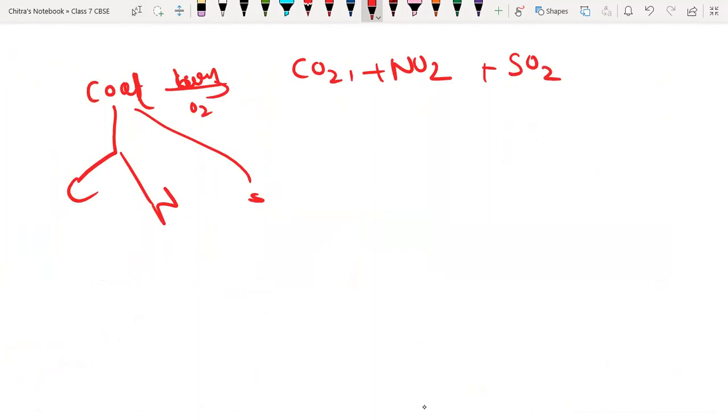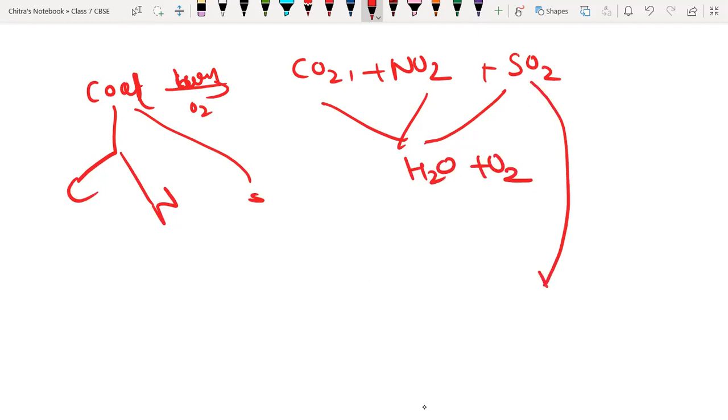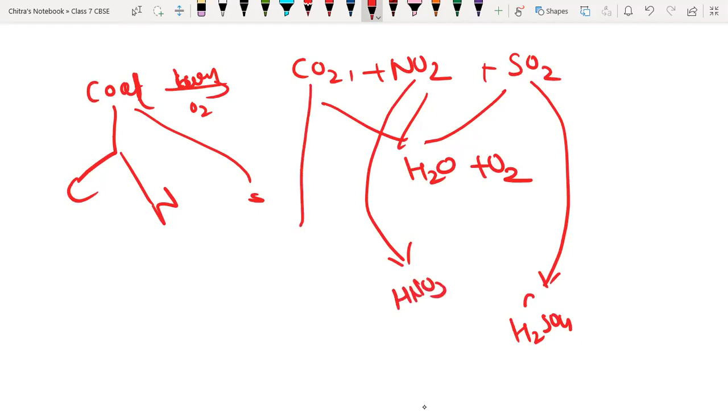All these three react with water and oxygen of the surroundings, and sulfur dioxide forms H2SO4, called sulfuric acid. NO2 forms nitric acid, which is HNO3, and carbon dioxide when reacted with water forms H2CO3, carbonic acid.